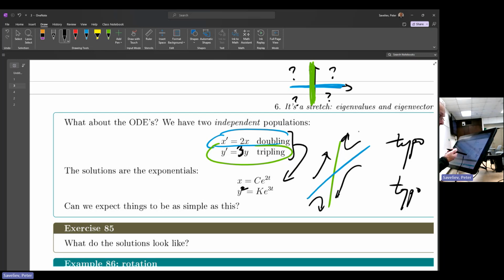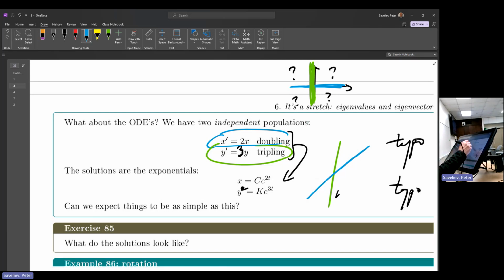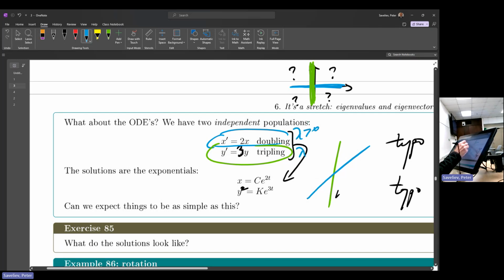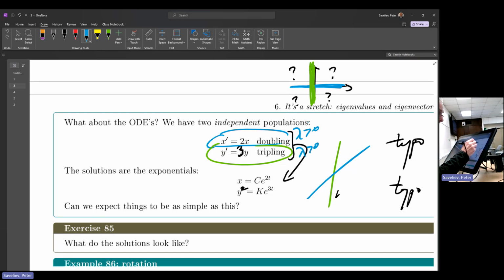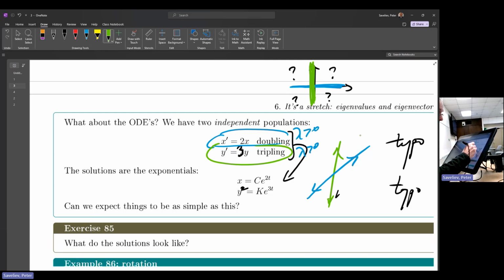In this case, actually, my pictures are not correct, because if lambda is positive and the other one is also positive, both of them are growing, which means that the dynamics will be like this on both of them, exponential growth in both directions. And then the other solutions will behave in some wild possible manner, but they are running away.